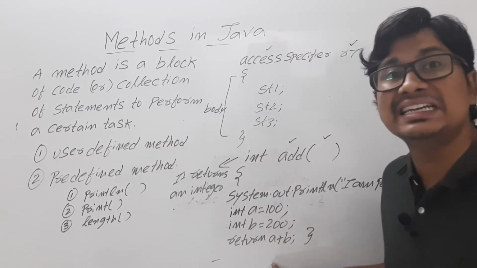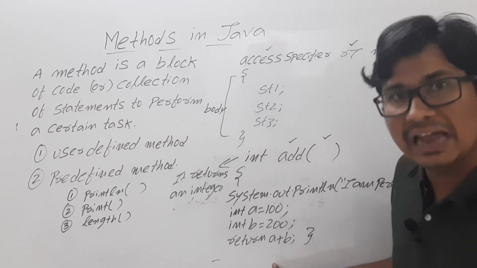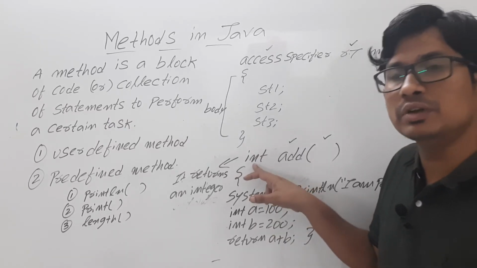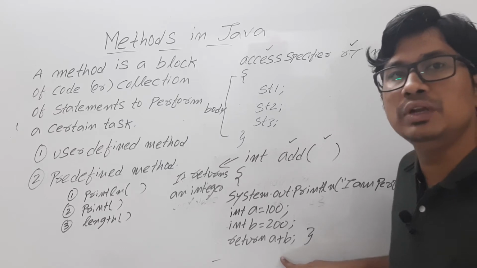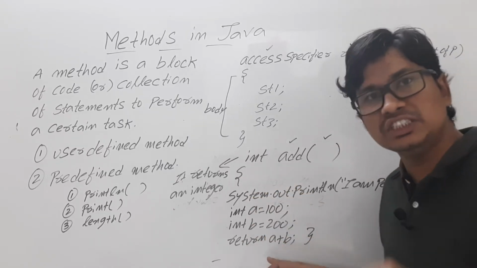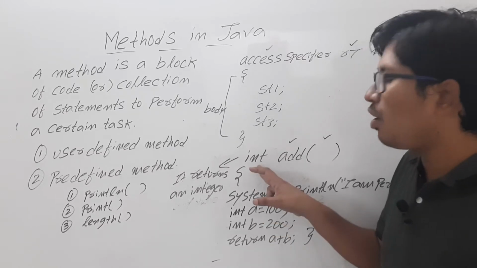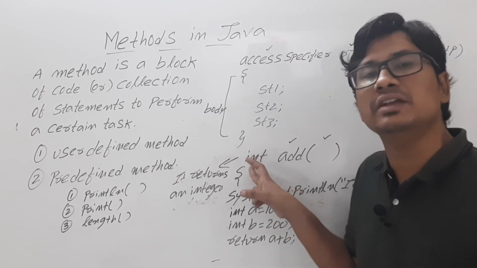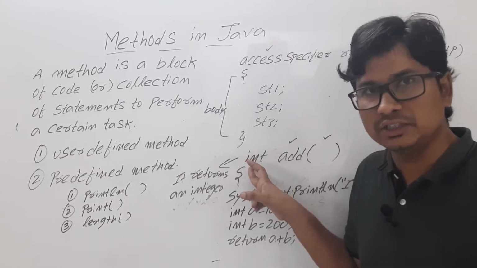If this method is returning a float value, then the return type should be float. If it is returning a boolean value, the return type should be boolean. Whatever kind of constant this method is returning, accordingly you need to provide the return type. I hope you have understood.